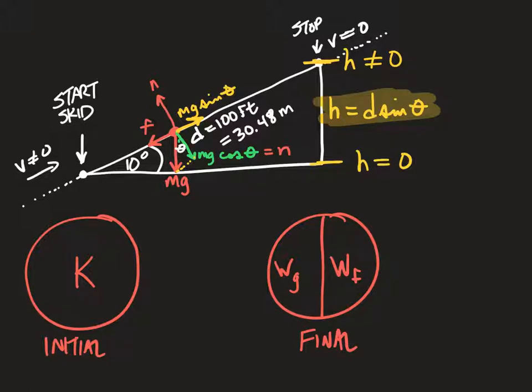Okay, so that's the full setup of the force interactions and then how the energy distribution lies between initial and final states. Which means, of course, we know that kinetic energy is 1/2 mv squared.